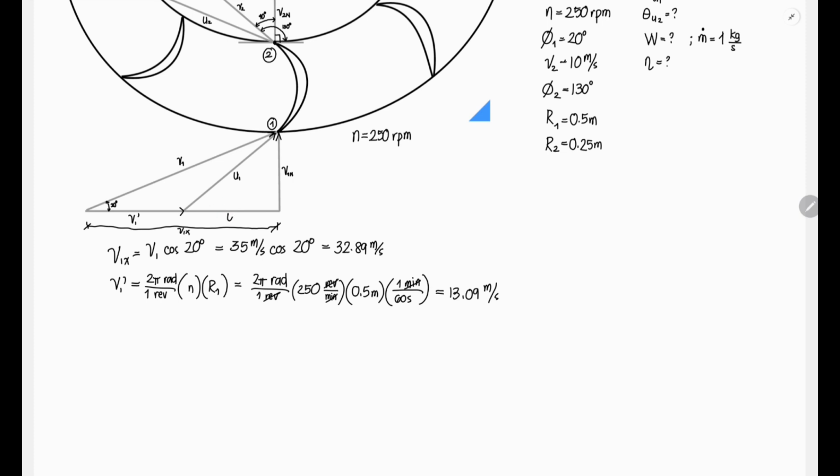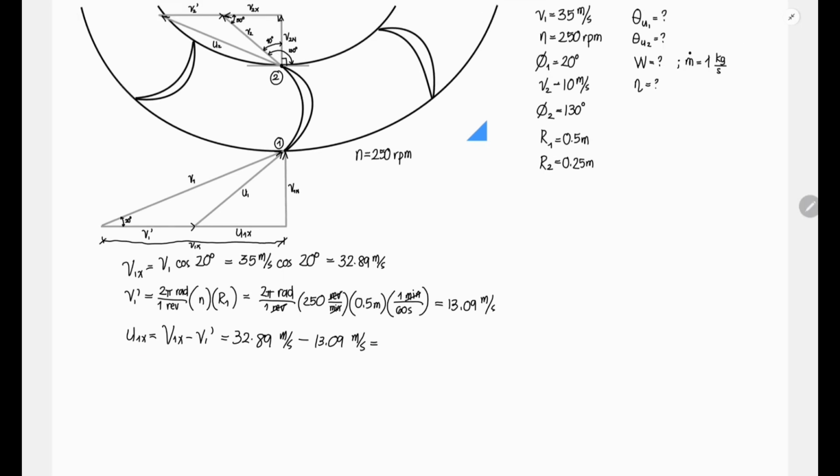So, to determine the u1x, that is v1x minus v1 prime. So to solve u1x, that is v1x minus v1 prime. So that is 32.89 meters per second minus 13.09 meters per second. Now, our u1x is equal to 19.8 meters per second. Meron ka ng x component for our u1.